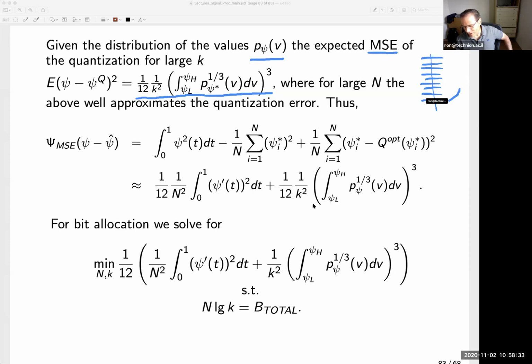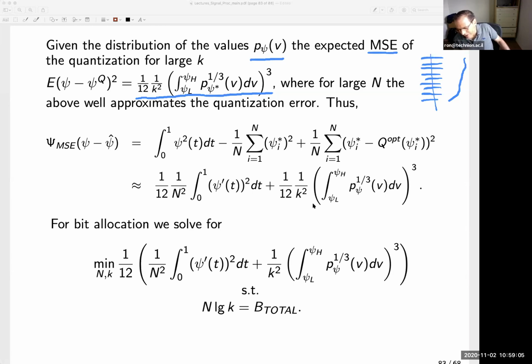If you think about it, folding all the psi values onto the y-axis and accumulating them would give me the probability function or an approximation of it. And this is how the estimated error would look. We've seen it in the previous slides. This was true for relatively large n, and this was a way of approximating the quantization error.